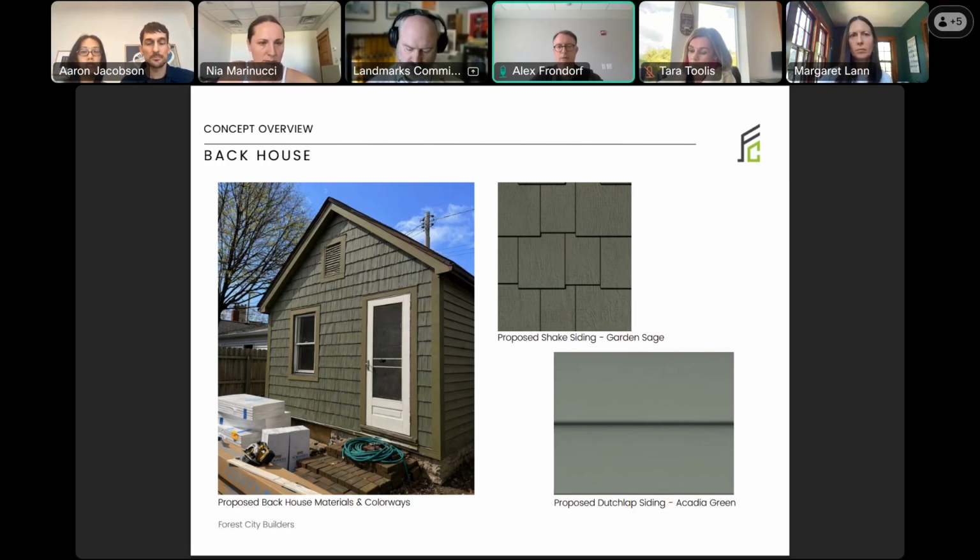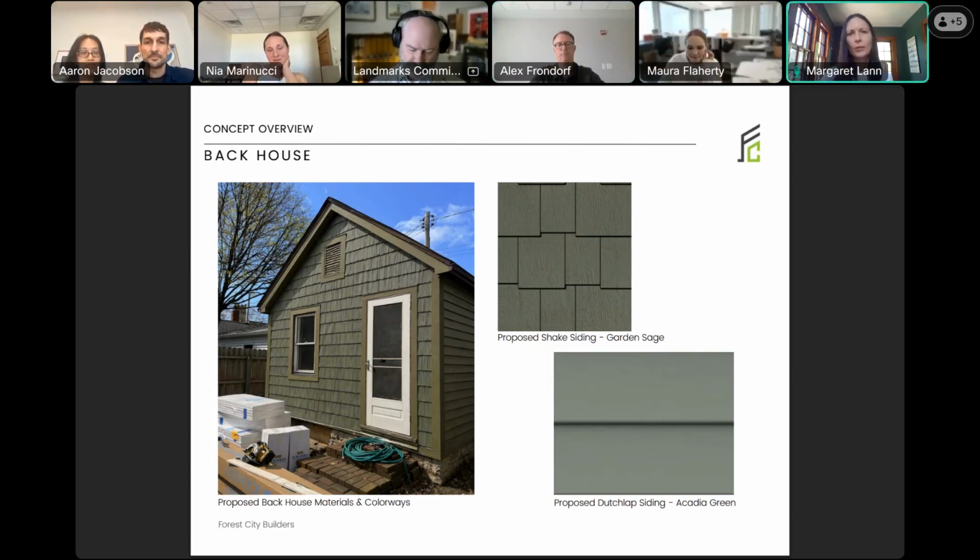And to the applicants, thank you for investing your time and money in the neighborhood. Please do not take our comments, even when critical, as anything to the contrary. We're here just to protect the historic district, not to weigh in on you becoming our neighbors and contributing to the neighborhood. So thank you. All right, so that's my motion for the back house. I'll second.